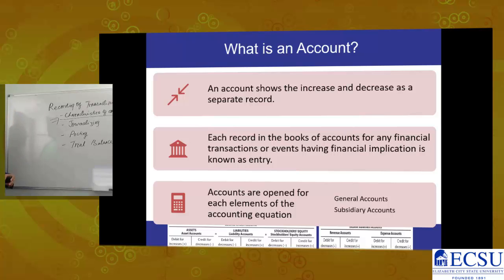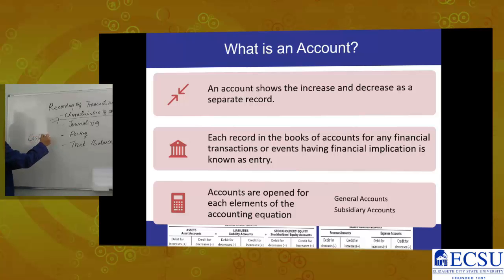As you can see, an account is an element of a record which shows the increase or decrease as a separate account. Each record in the books of accounts for any financial transactions or events having financial implications is known as an entry. Let me just take an example.